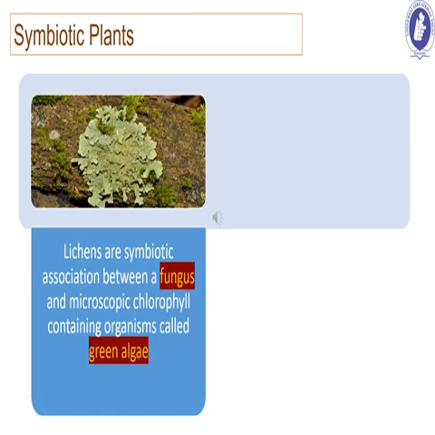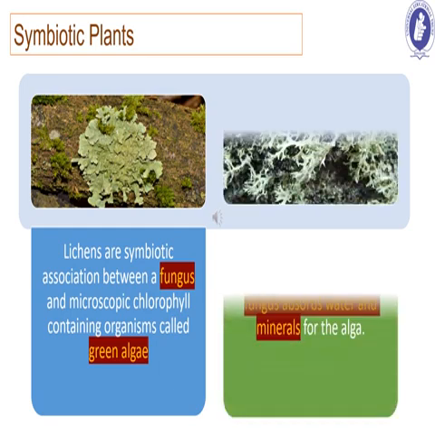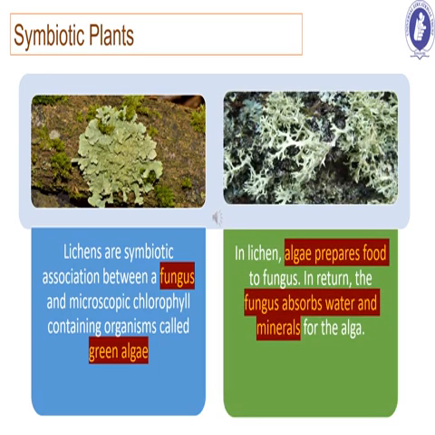How these fungus and green algae are mutually getting benefited, we'll have a look. As we are aware, green algae contain chlorophyll, that means it can prepare its own food. So in lichen, algae prepares food for the fungus.